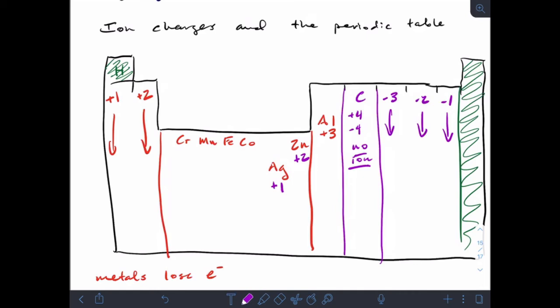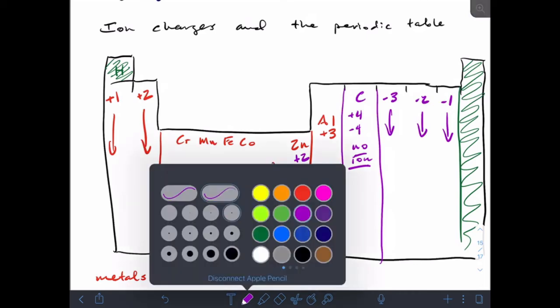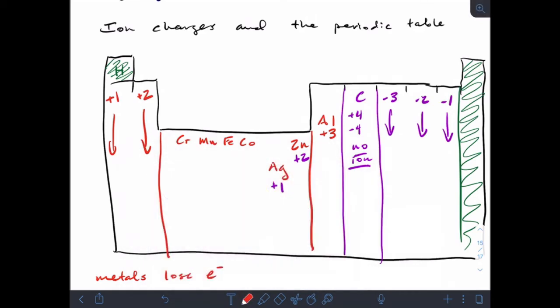Now here's where things get interesting. Copper can make a +1 or a +2. And then all 4 of these other guys, they all do the same set, but they can either do a +2 or a +3.